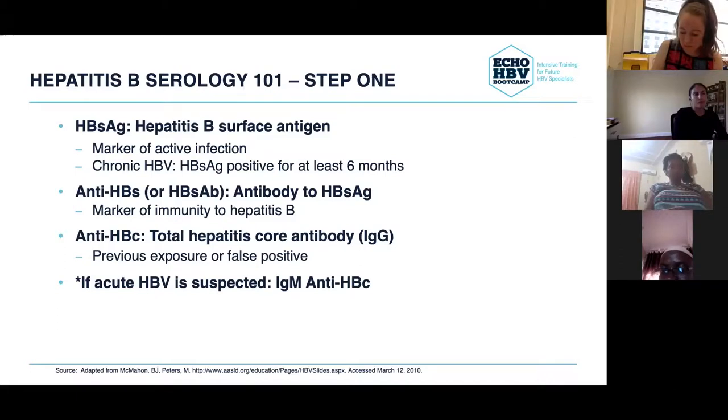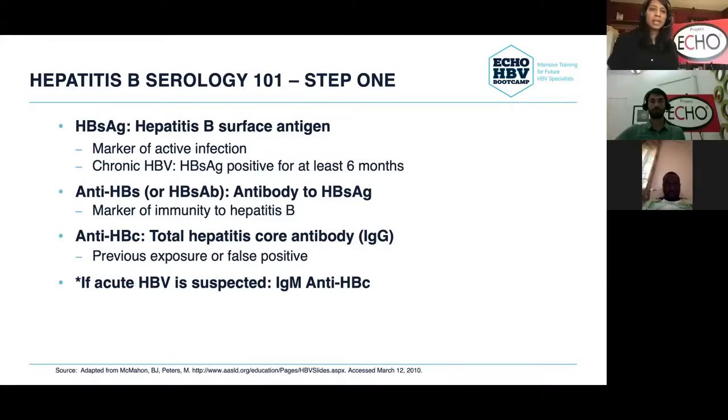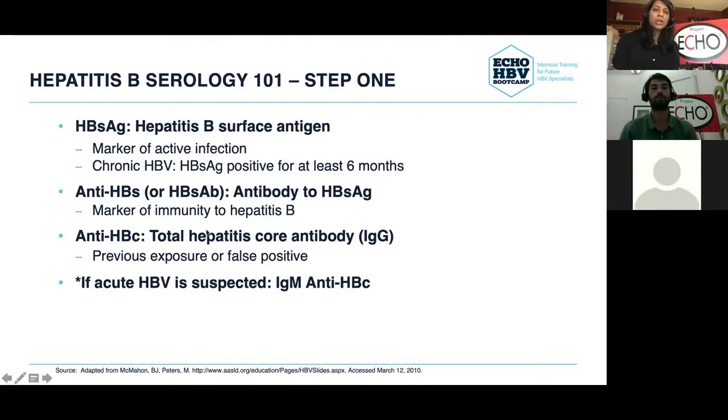So it sounds like universally every provider here thinks about that test as at least your initial screening test. And then we have anti-HBs, which is the antibody to the hepatitis B surface antigen, what we call hepatitis B surface antibody. And that's a marker of immunity to hepatitis B. So that's a very helpful test to tell us whether or not somebody has any form of immunity.